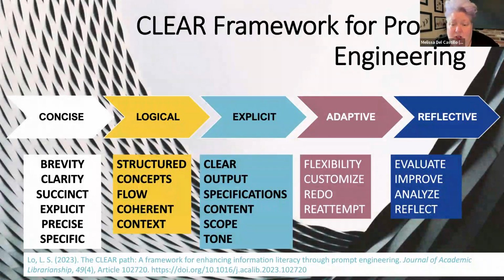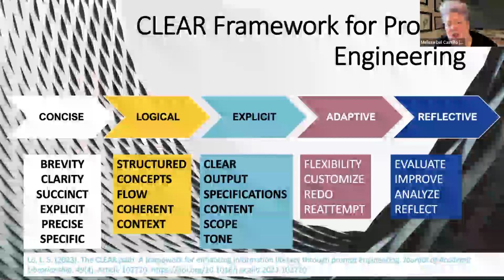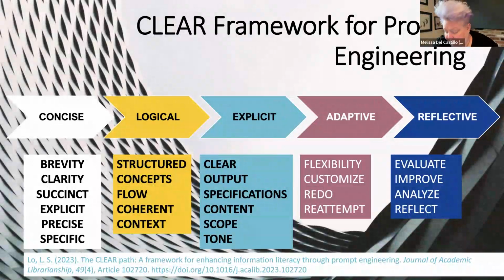The next one is explicit, letting it know exactly what you want. And I think this is where librarians get a little iffy, because we're so used to creating these search strings, and we put a keyword, we put an and, we put another keyword, and then we put an or in a parenthetical.